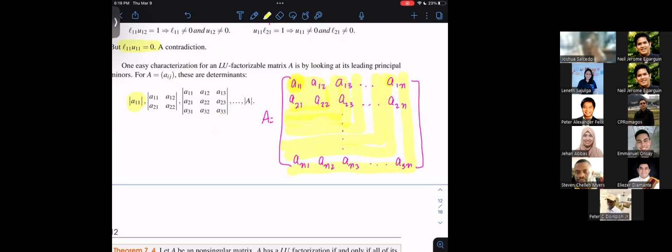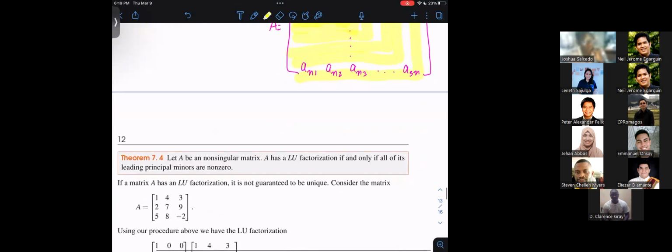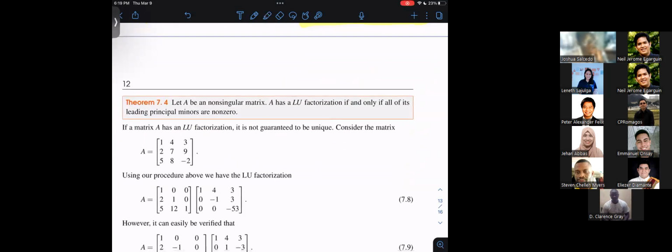So you will compute all the minors, or all the determinants, of these upper left-hand submatrices. And if all of those principal minors are non-zero, then you will have an LU factorization. And it's an if and only if statement, so it's a characterization of all the invertible matrices that can be LU factorized, right?